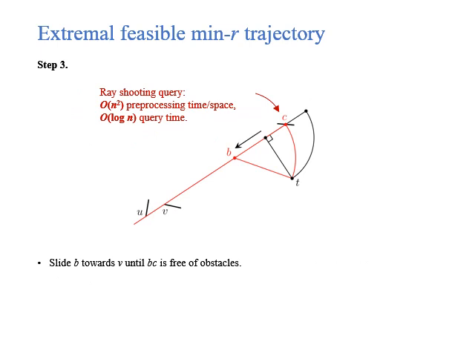In this step, we slide point B towards V, like the way it is indicated by the arrow in the picture, until the corresponding segment BC is free of obstacles. And that requires us to perform a ray shooting query to find the first location of point C in this sliding process, where point C first comes into coincidence with an obstacle line segment, and BC is free from obstacles.